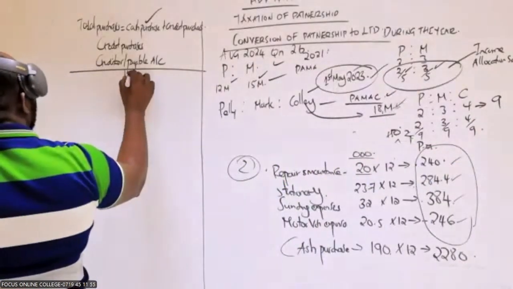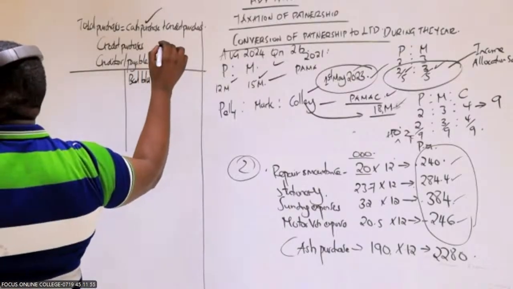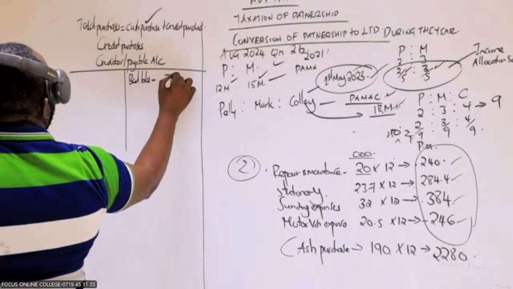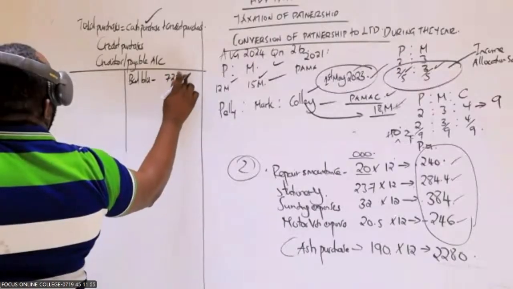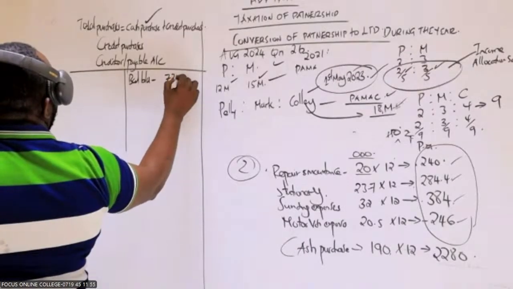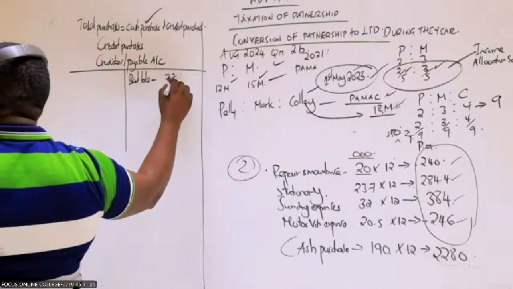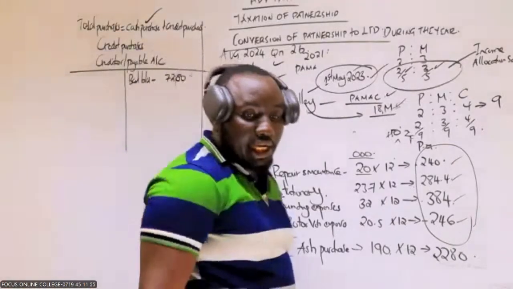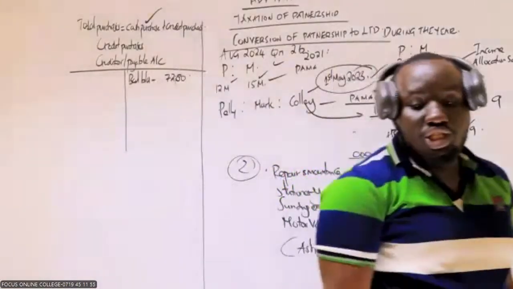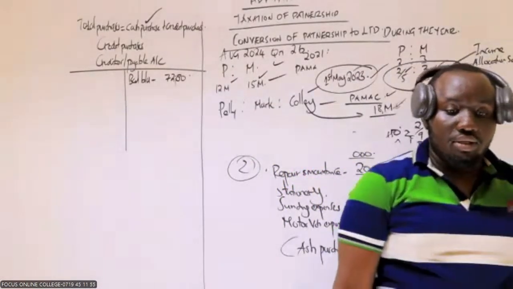So payable balance breakdown, we credit, and the figure is how much? The figure is 72. So where do we take the balance carried down?